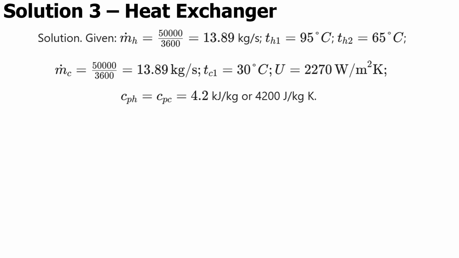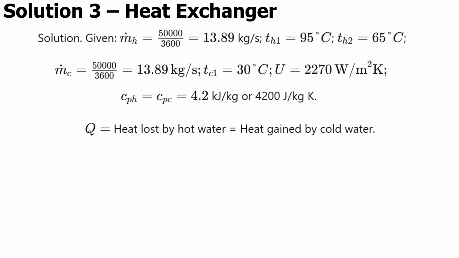Our first step is to find the outlet temperature of the cold water, Tc2. Now we know that the heat lost by the hot water equals the heat gained by the cold water.